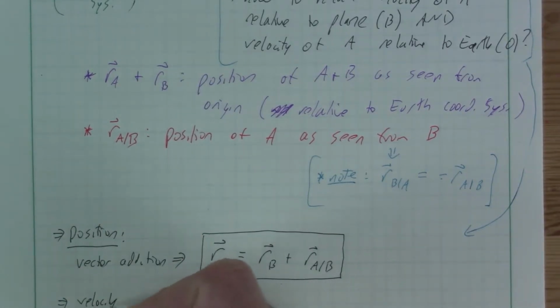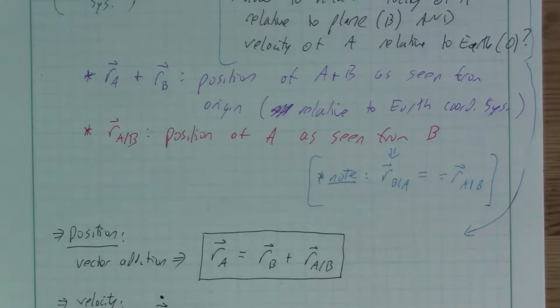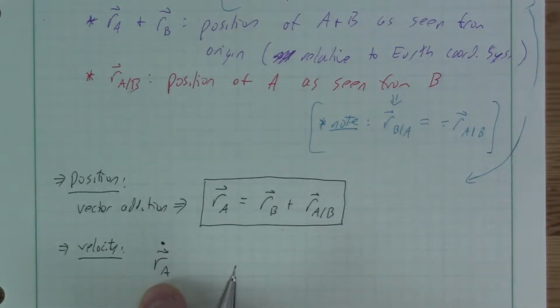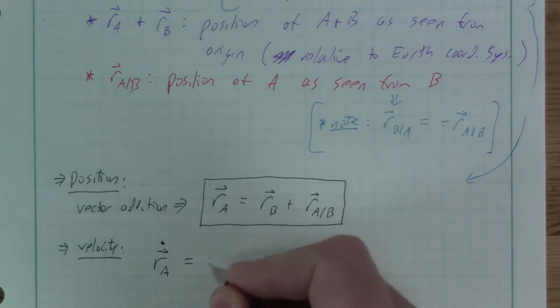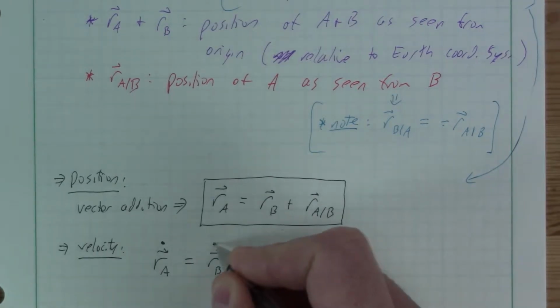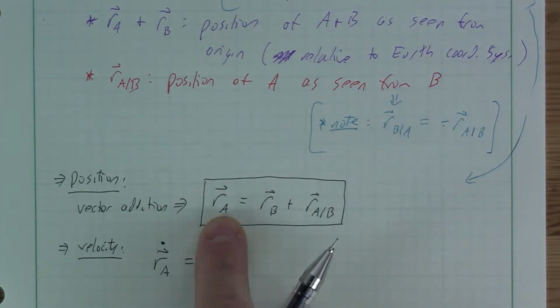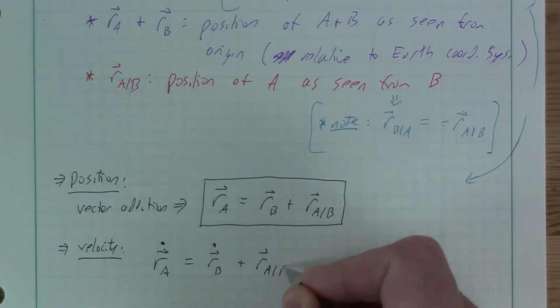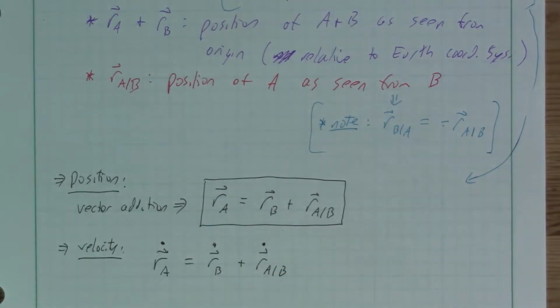Velocity. How do we get to velocity with this relative motion? Well, the velocity of A is just going to be the derivative of its position vector. So this is the velocity of A with respect to the Earth coordinate system, kind of the primary coordinate system. Well, that means we took a derivative of this left-hand side, so then we take a derivative of the right-hand side. All we do is add dots to the top, right?